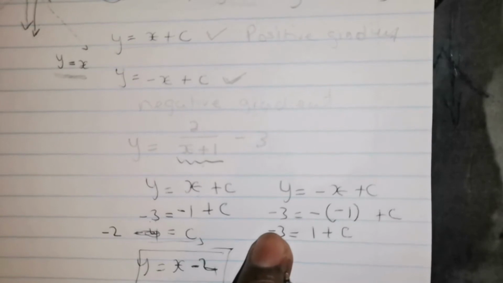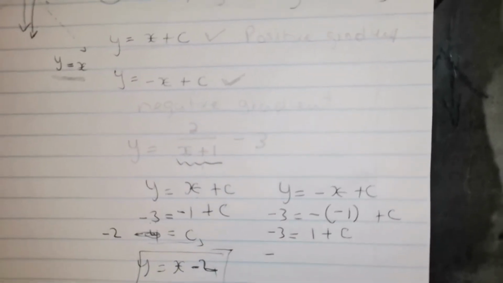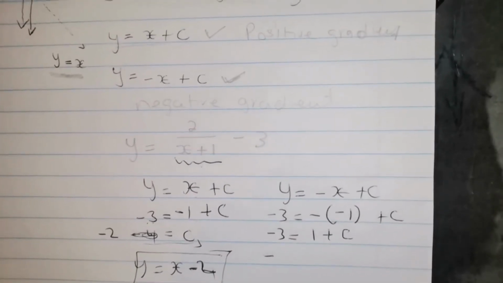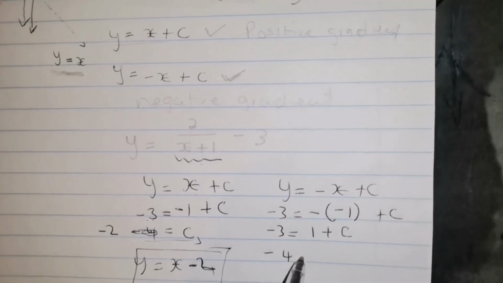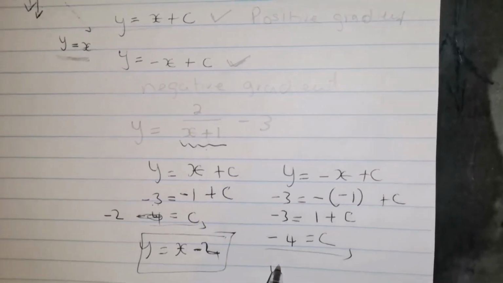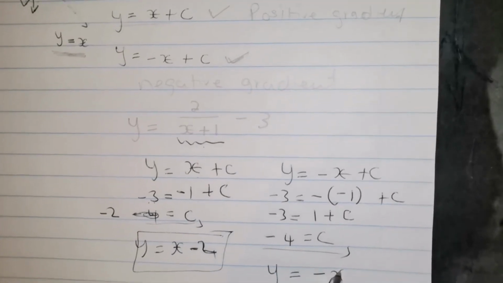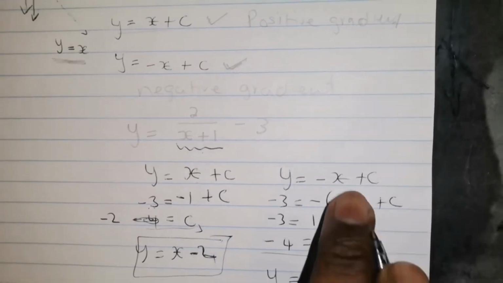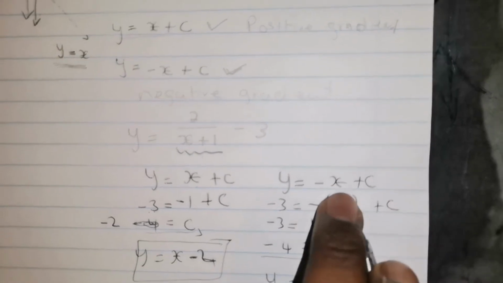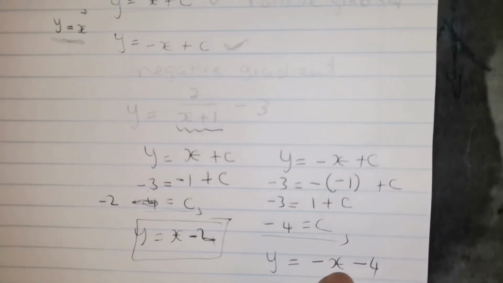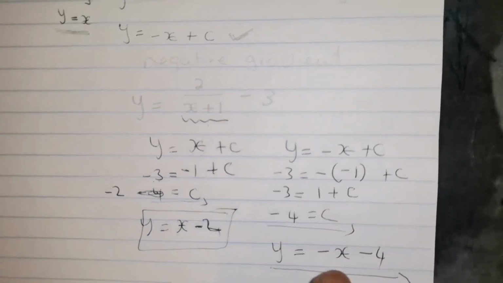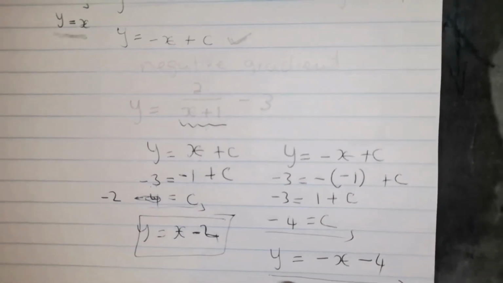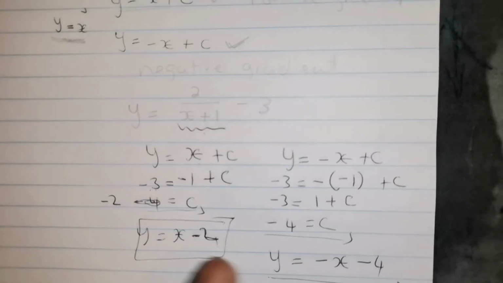Transpose the 1 to the other side, and -4 equals c. Then the equation is y equals -x minus 4. This negative, you won't change it, and the x, you won't change it. You are done.